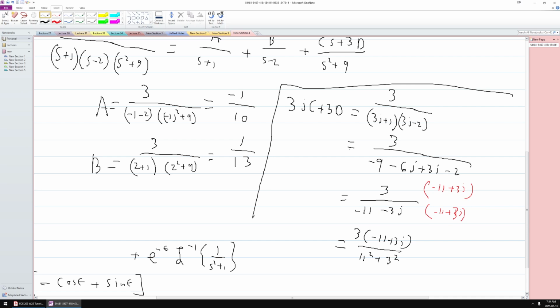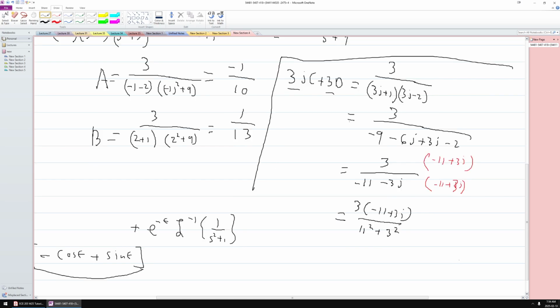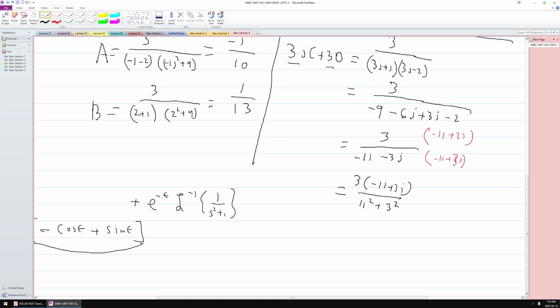Now notice I have a 3 on the left-hand side, here and here. So if I leave the 3 and don't multiply it out, I just get to do less arithmetic. And less arithmetic is always a nice thing. So now, the imaginary part has to equal the imaginary part, and the real part has to equal the real part. That tells me that my 3jc is equal to the imaginary bit here, so I can just solve.